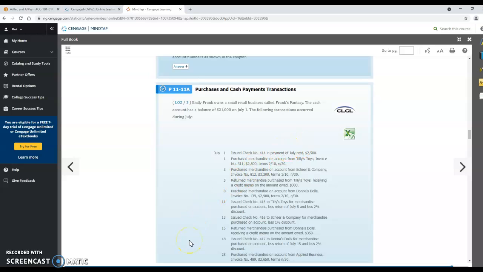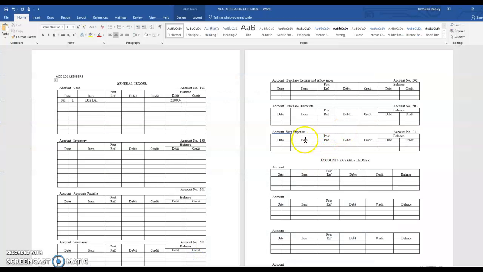So we can take a look at our ledger here. Since you weren't given a chart of accounts, you can look at the ledger. Here's rent expense, account 511. If the ledgers on the page didn't have rent expense, you could have copied and pasted one of these other ones and then just changed the name and the number.